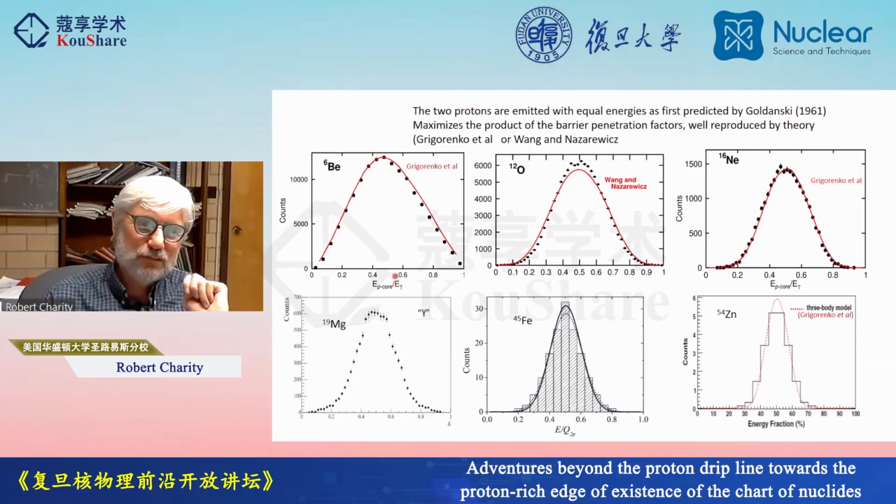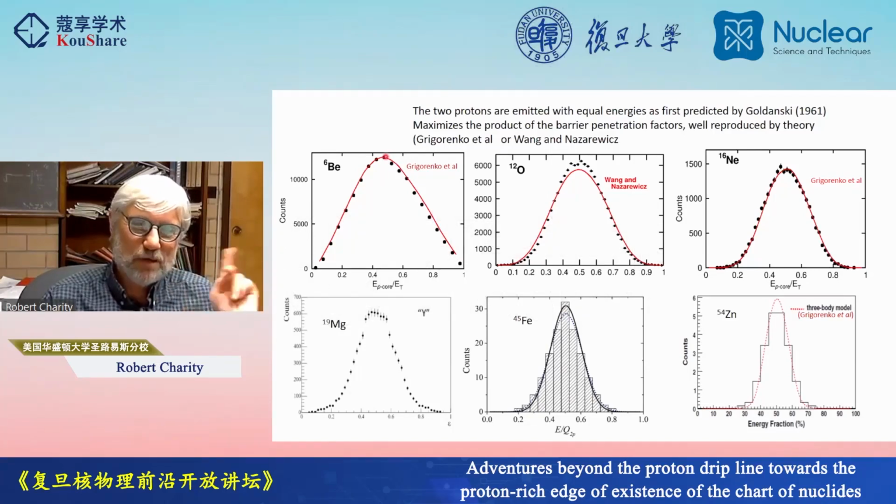So if this is about 50%, that means the two protons had the same energy. Each of them took away about half the total decay energy, ignoring recoil effects of the core. And you see, that's where there's a peak. These extreme cases are where one of the protons rests and the other proton removes all the decay energy. And you see, there's no probability for that.